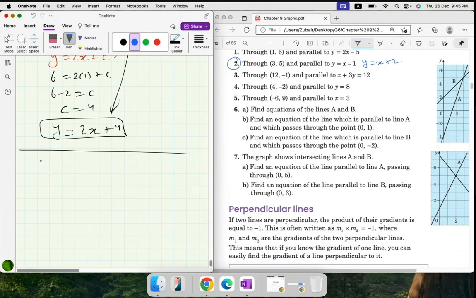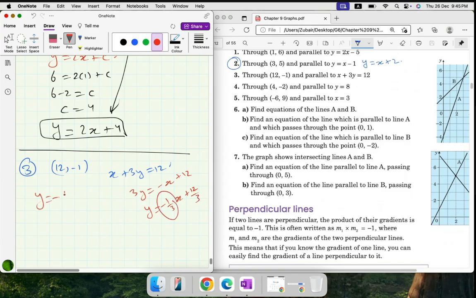Number 3 says it passes through 12 and minus 1 and is parallel to x plus 3y is equal to 12. We are least bothered with y-intercept. 3y is equal to minus x plus 12, y is equal to minus 1 by 3 x plus 12 by 3. Gradient is minus 1 by 3. y is equal to minus 1 by 3 x plus c.